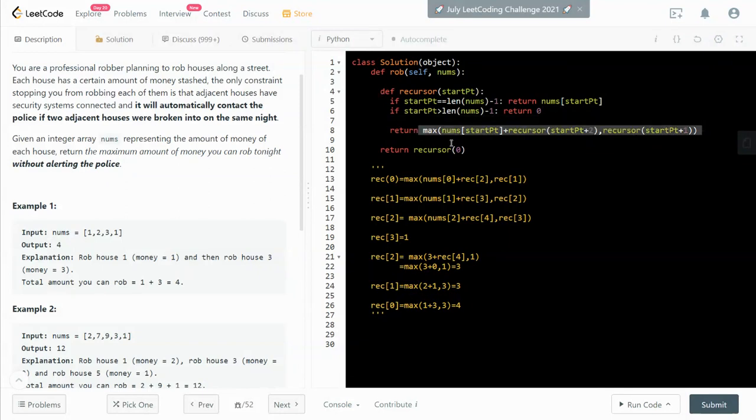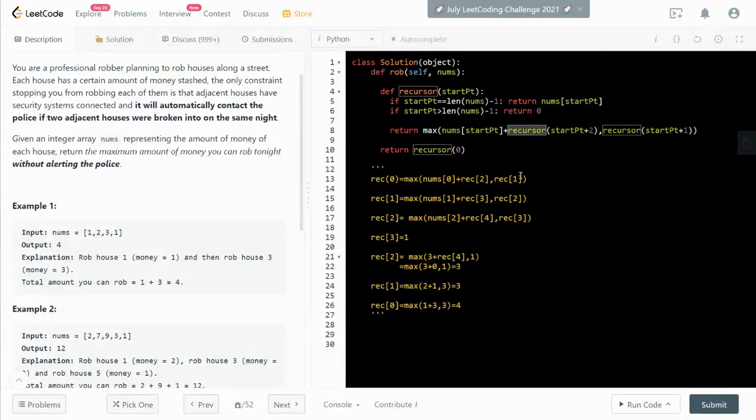The recursion comes from here. It's a maximum of the amount from the current house plus the house that is not adjacent to us. If we rob this house, we collect that amount, and then we jump to the house two positions ahead, so the starting point will be there.